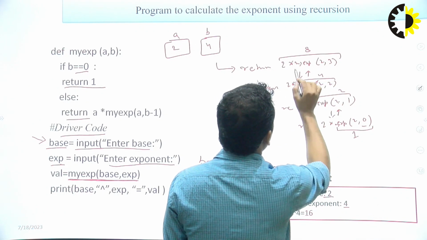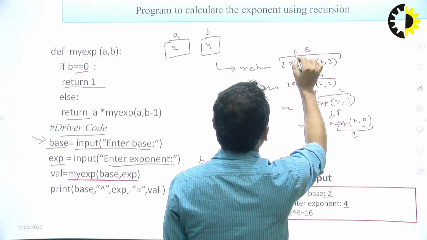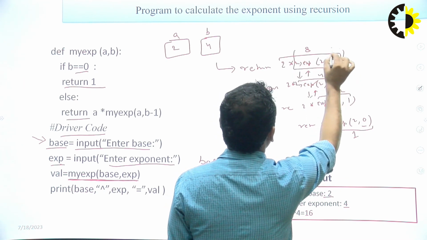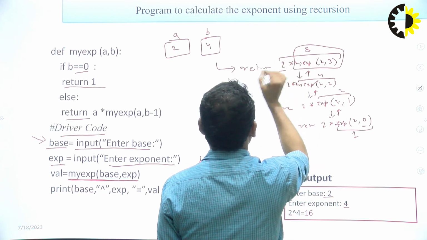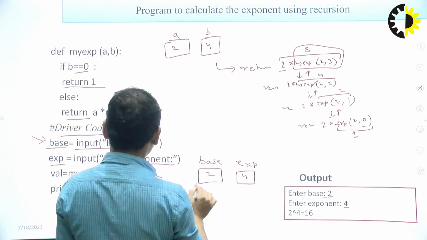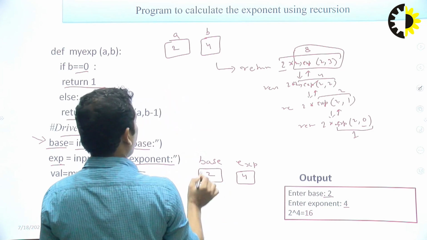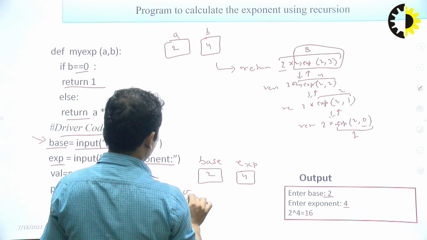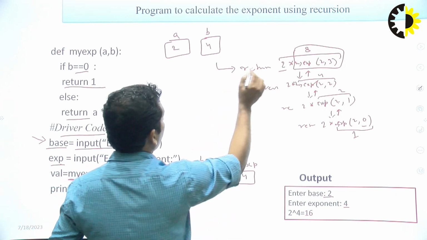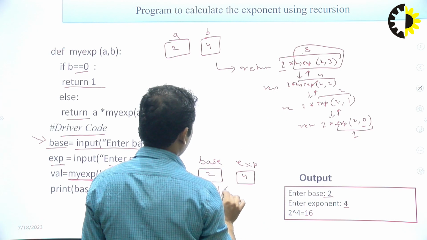Now 2 into 8 that is 16, we have called from here, so we will receive val equal 2 into 8 that is 16.